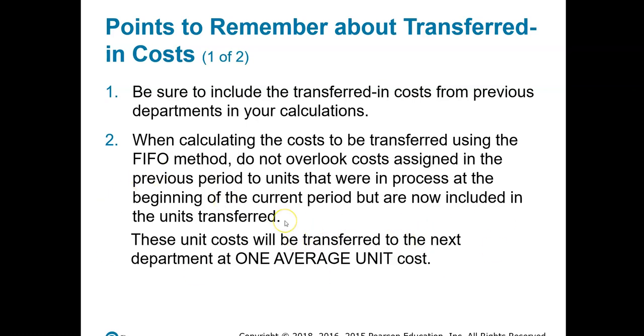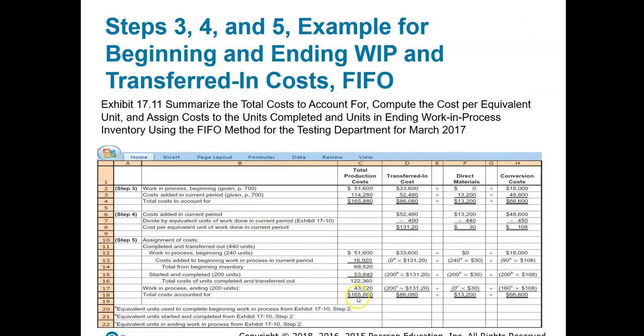Then, once we compute our units completed and transferred out, we have $122,360 right here. And let's go back here. That total cost of units completed and transferred out is going to be the total cost of all those units we transferred out through the period, 440 units.